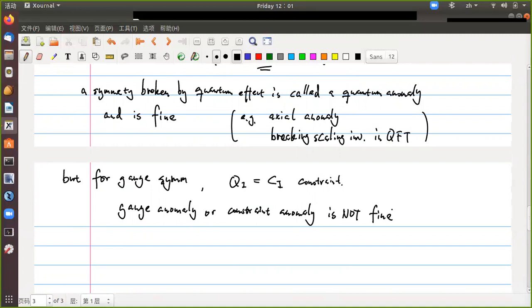So therefore, in gauge theory, usually you try to avoid the gauge anomaly. For example, in the standard model, when you show that the standard model is really consistent, you have to show that you have no gauge anomaly. The gauge anomaly is actually cancelled by species of quarks.